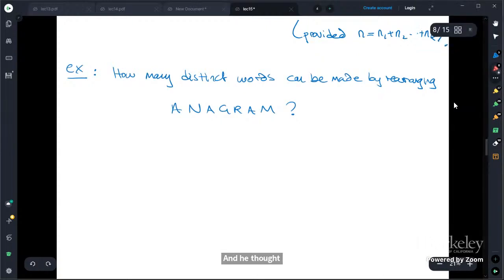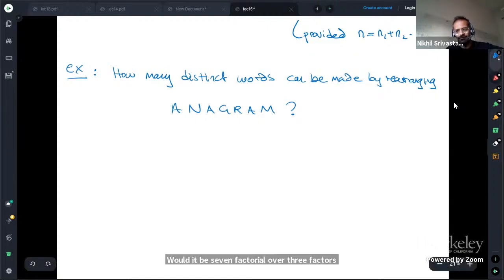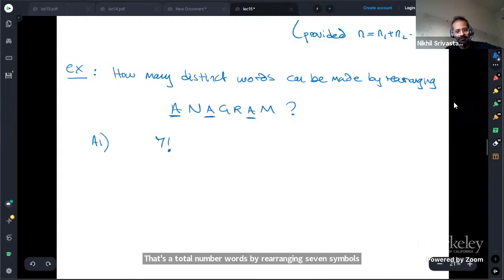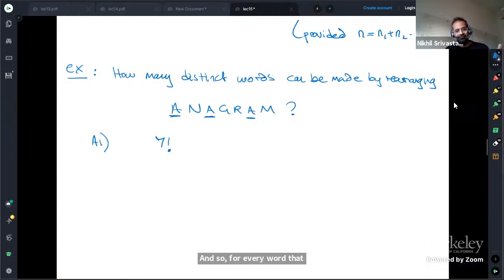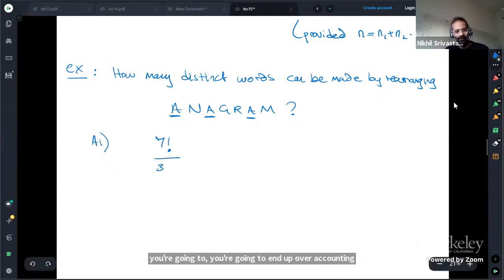Would it be 7 factorial over 3 factorial? Okay, yeah, exactly. So you absolutely jumped to the correct answer. Well, it's 7 factorial. That's just the total number of words by rearranging 7 symbols. But then A appears 3 times. And so for every word that you get by arranging these, you're going to end up overcounting by 3 factorial, because this is the number of ways to arrange the A's.